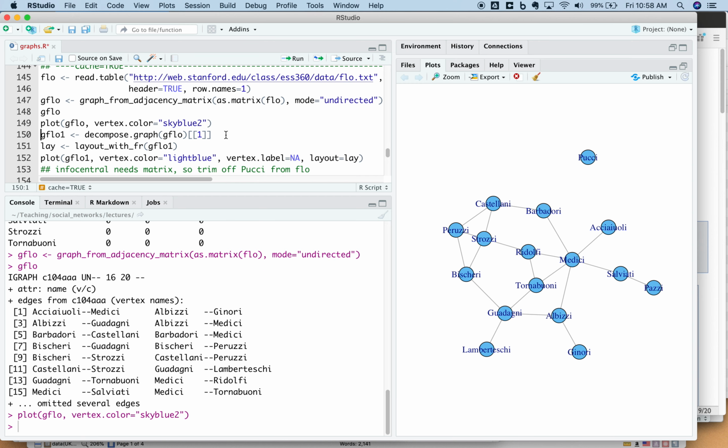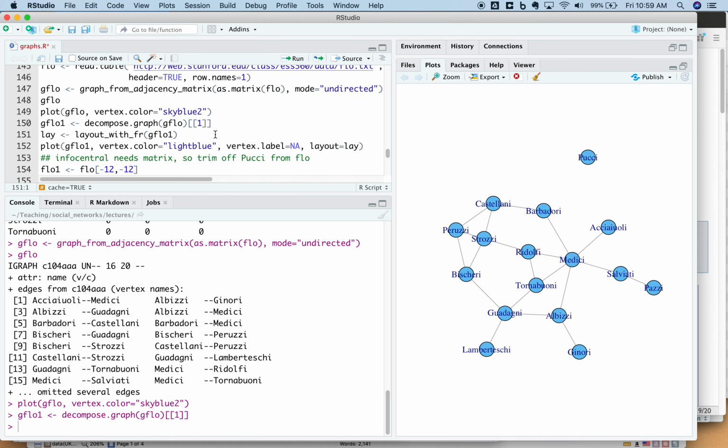Always a good idea to plot your data. And we can see that Pucci is an isolate out here. So we'll use decompose graph to work on only the connected component. We'll see that the majority of the families are in fact connected. So we'll decompose the graph, and we'll take the first element of that output list.